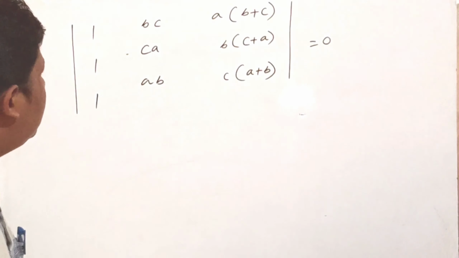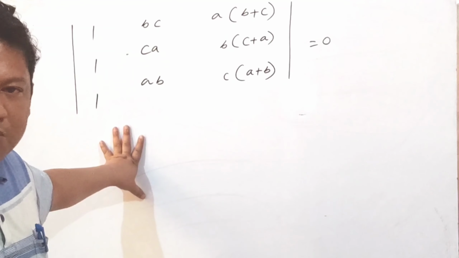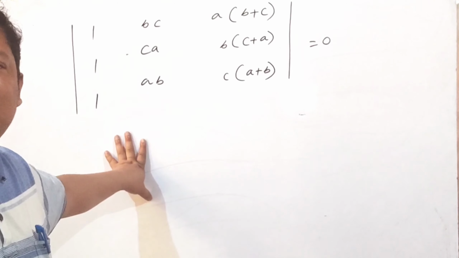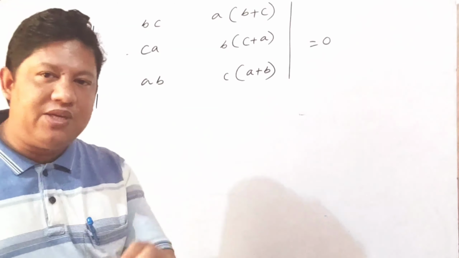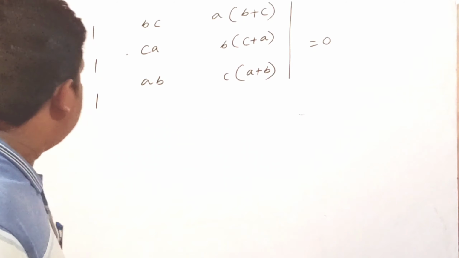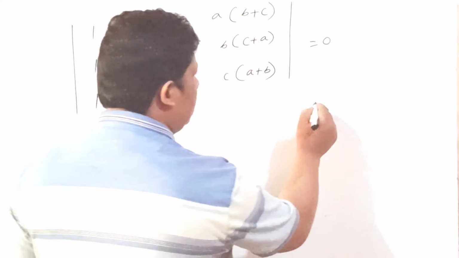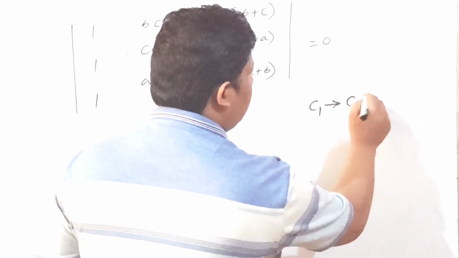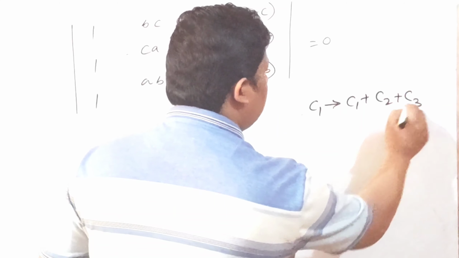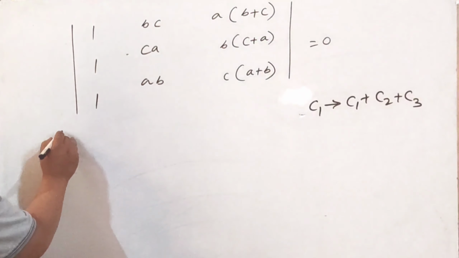Okay, my students. Now look at these numbers carefully against the same rules. At first you have to watch these questions carefully. After that you can solve so many questions easily. So according to the rules, if I apply the operation C1 plus C2 plus C3, then what will happen? These three would be added.